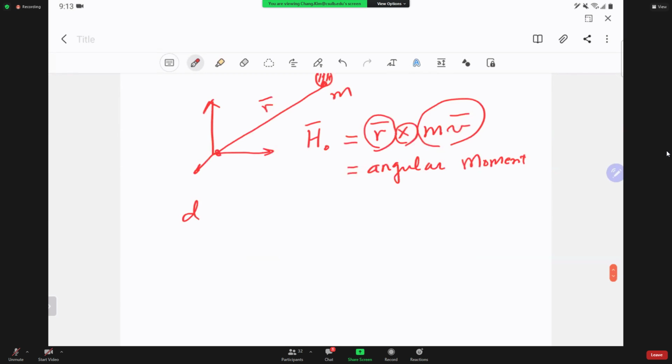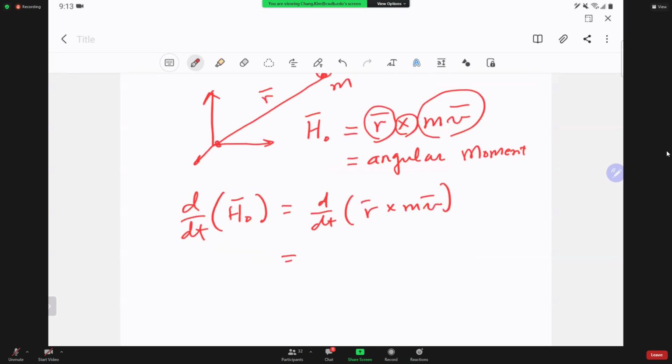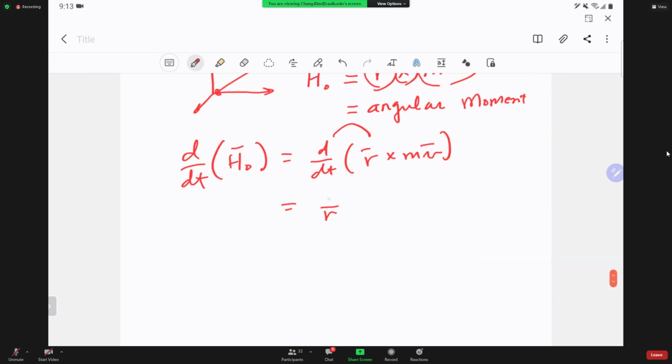I'm going to take the derivatives. First, I put the dot on r with no change in the second, and then no change in the first and take the time derivative of the second. Maybe I can just go ahead and do it. r dot cross mv: this guy is, by definition, a velocity.